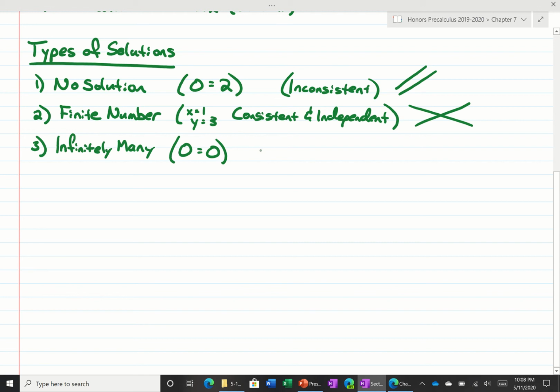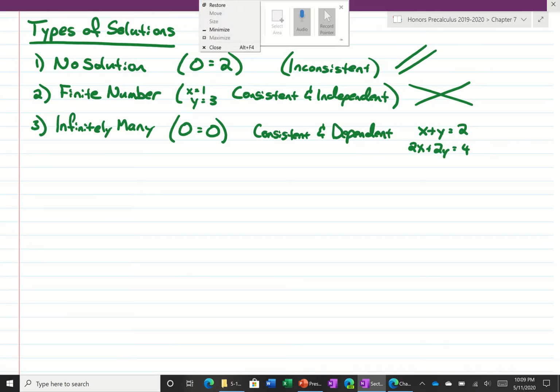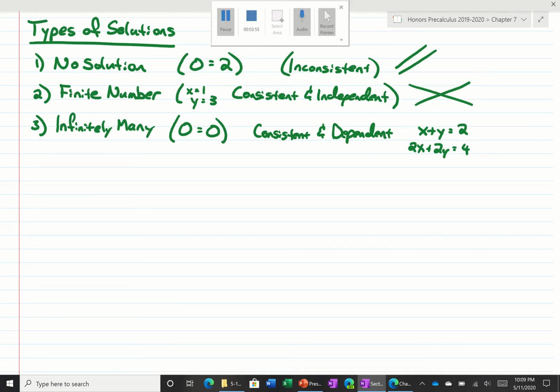And this is called consistent and dependent. And what this pretty much means is that you have the same line. So this would be if you had a line where it's like x plus y is equal to 2, or 2x plus 2y is equal to 4. You could see that it's the same line. I just multiplied everything on top by 2.